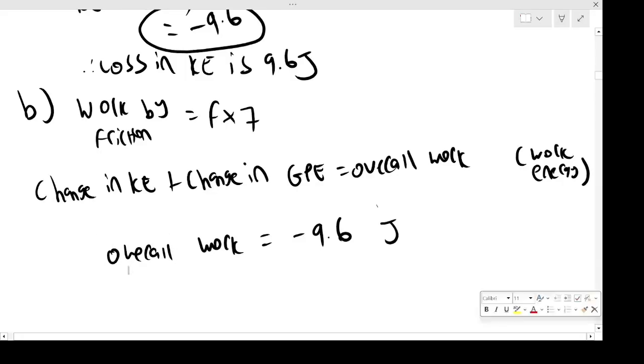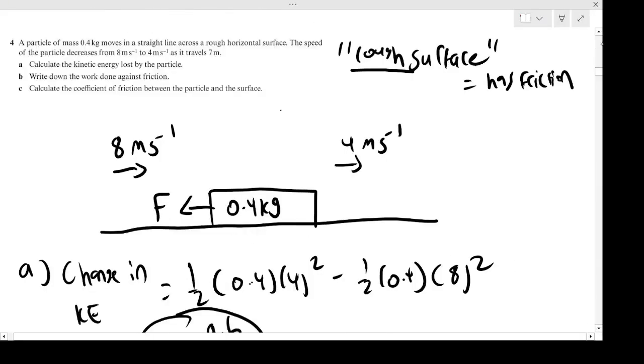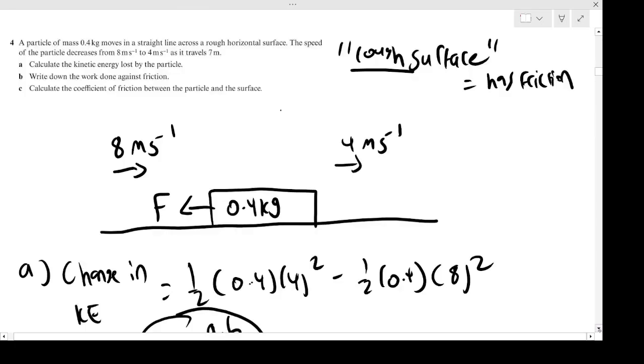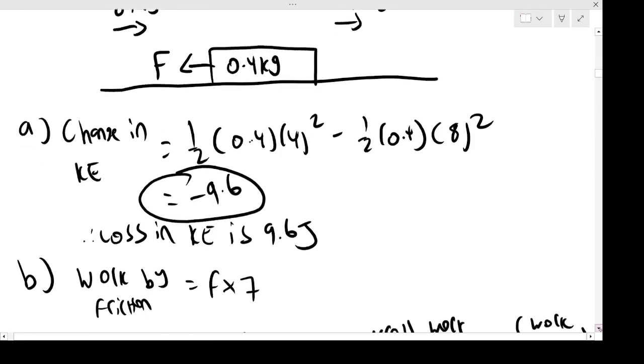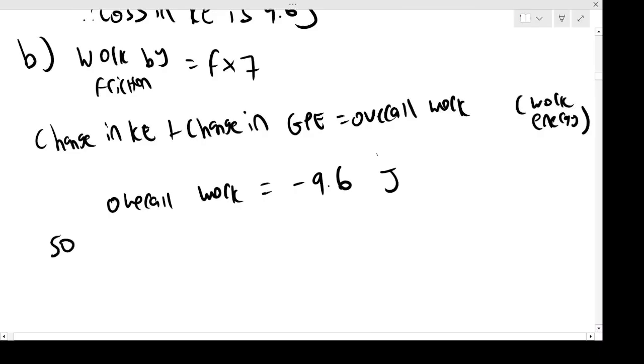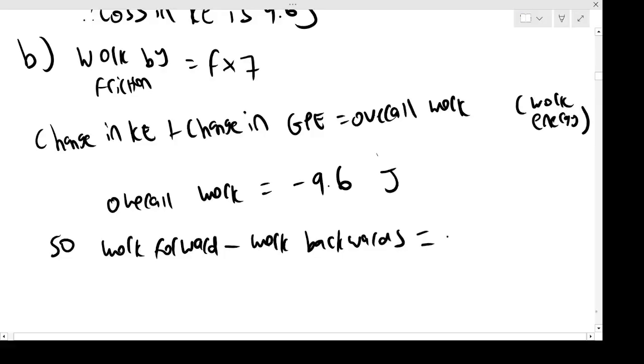Now, remember, the overall work done can also be split up into the forward and the backwards force, so the work forwards and the work done backwards. If I substitute that in, that's the work forwards take away the work backwards is equal to minus 9.6.